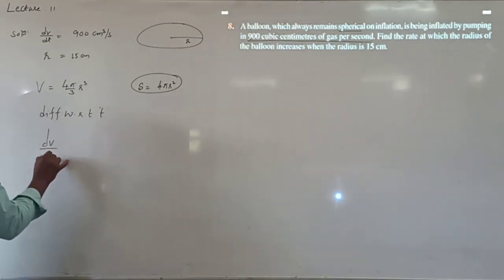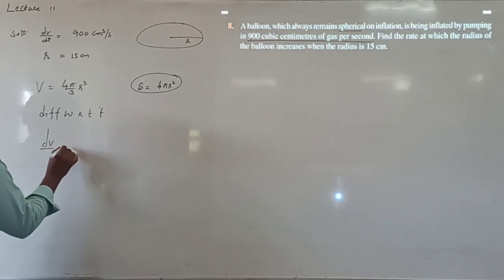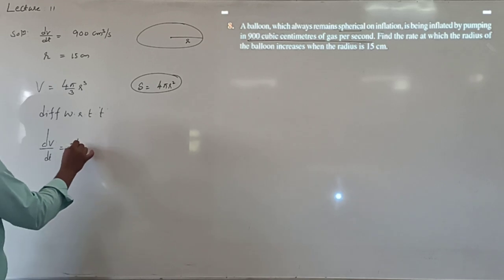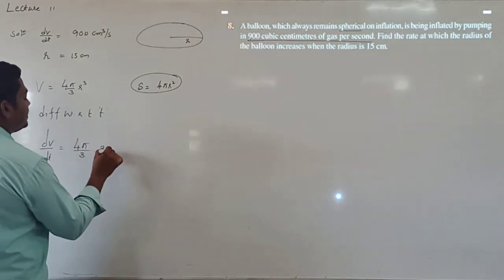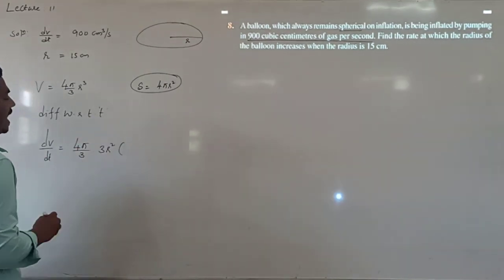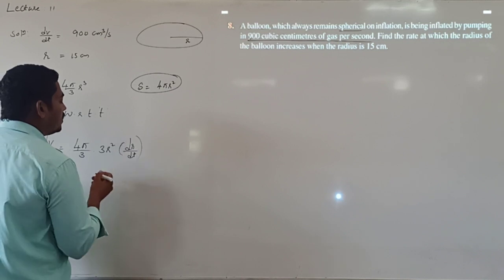dV by dt is equal to 4 pi by 3, constant as it is, into 3r square into dr by dt. Use chain rule.